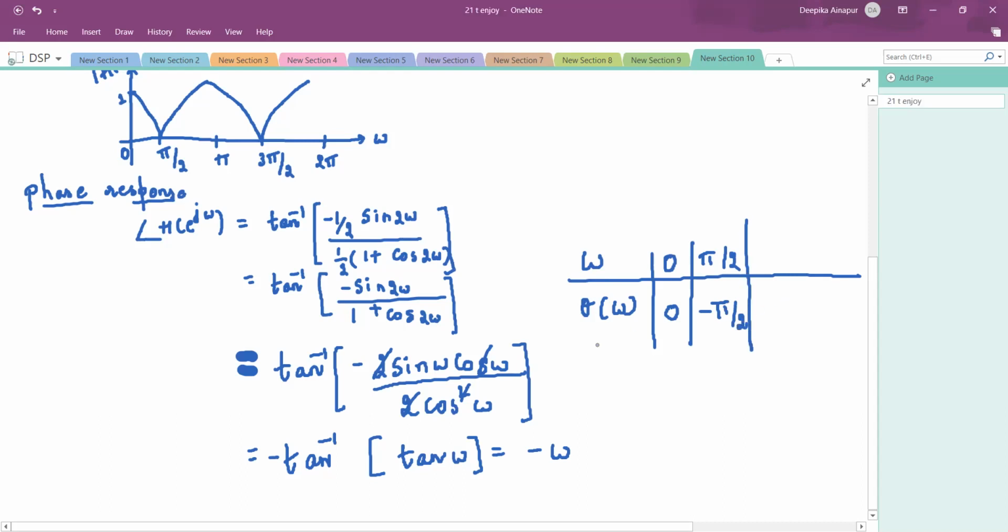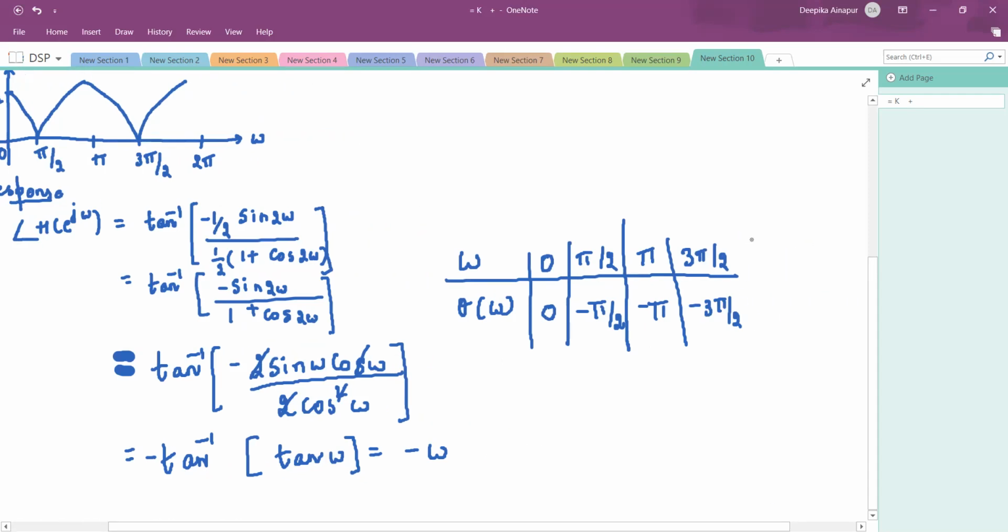That will be my theta of omega, or phase response. If I take pi, I'll get minus pi. If I take 3 pi by 2, I'll get minus 3 pi by 2. If I take 2 pi, I'll get minus 2 pi. That's it.